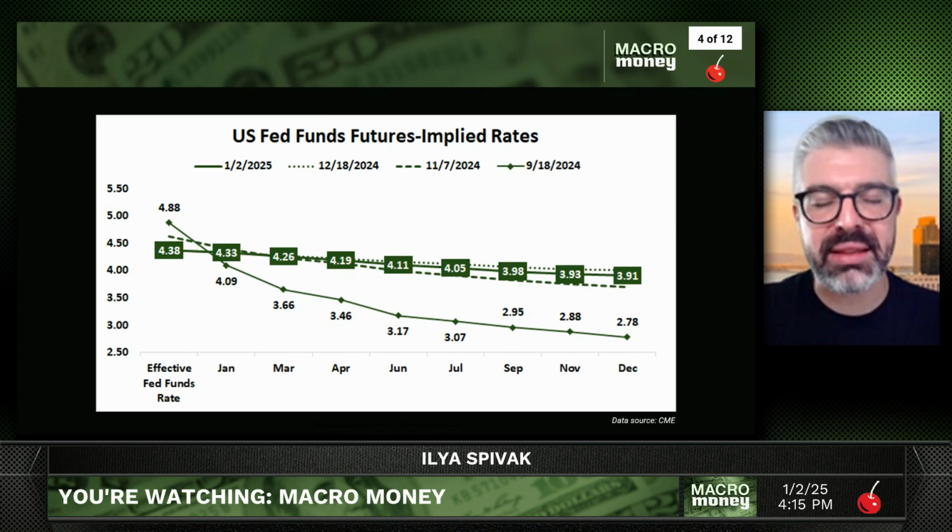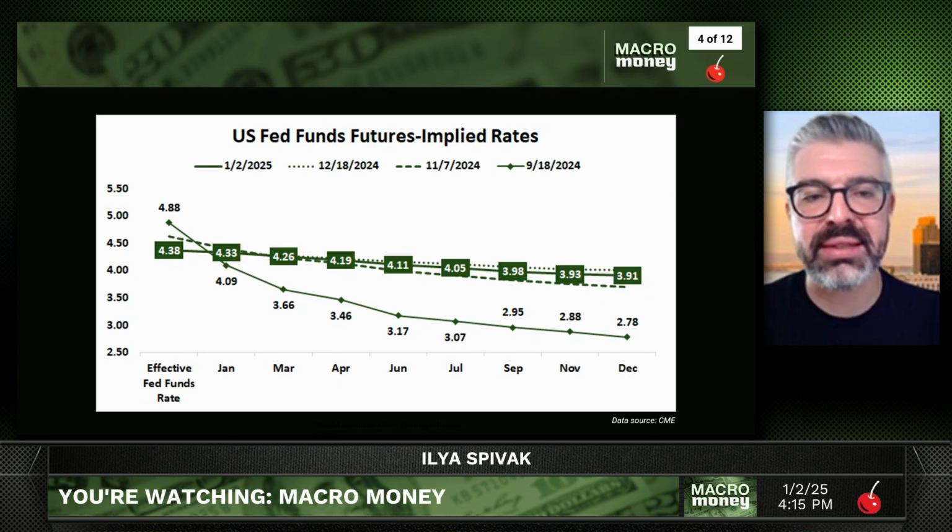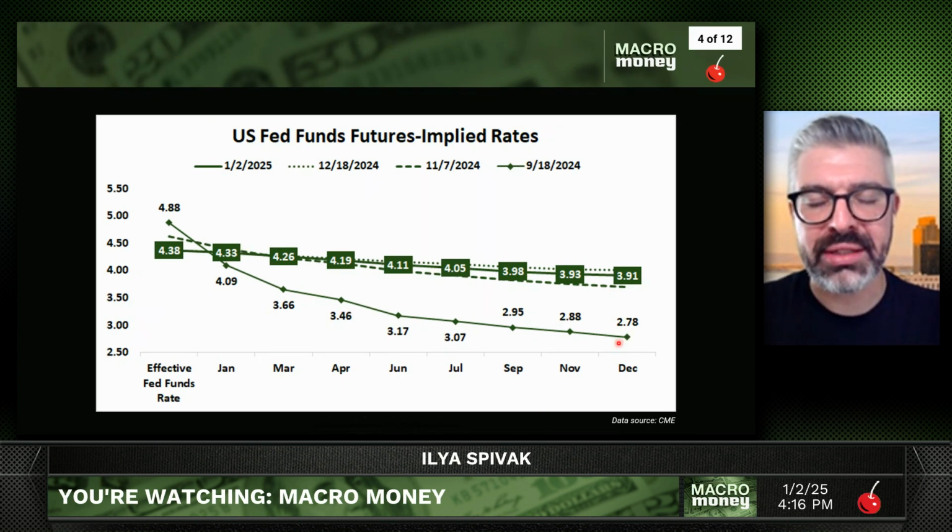So what we see is that there's been a significant hawkish rethink. So in September, the markets were pricing in that we're going to end up at about 2.8% on Fed funds by the end of 2025. This is December of 2025.